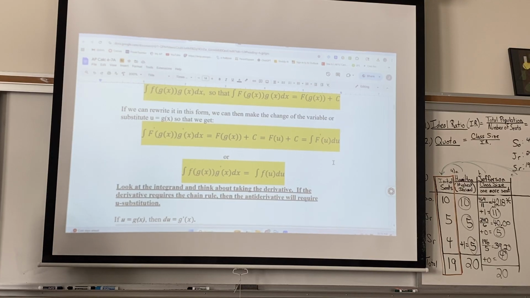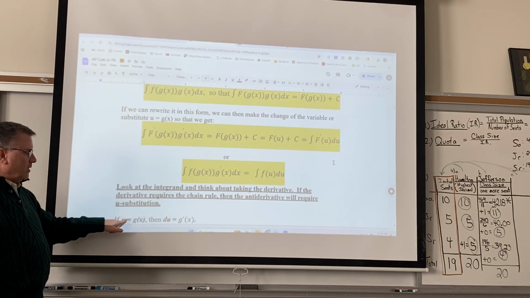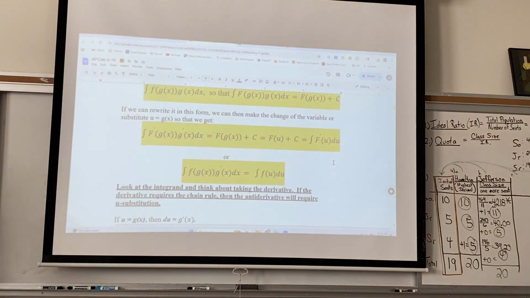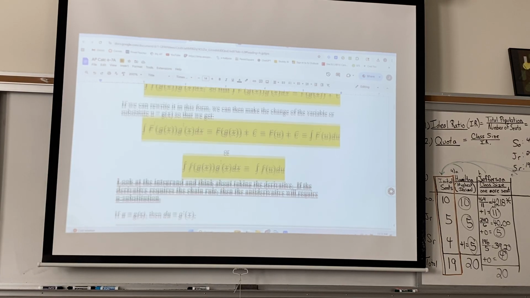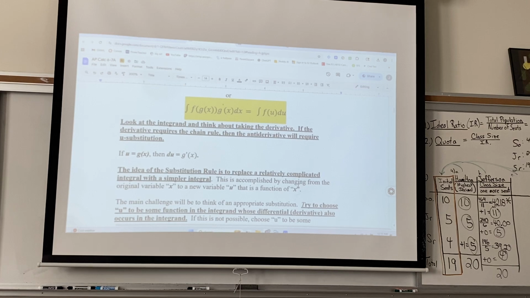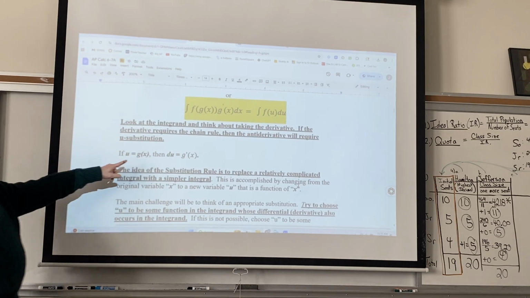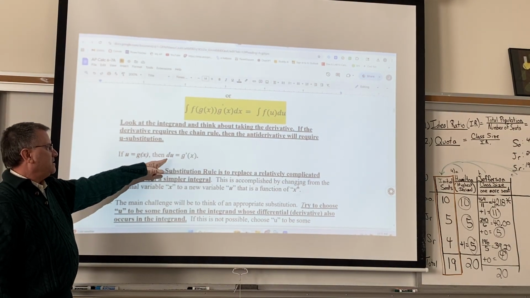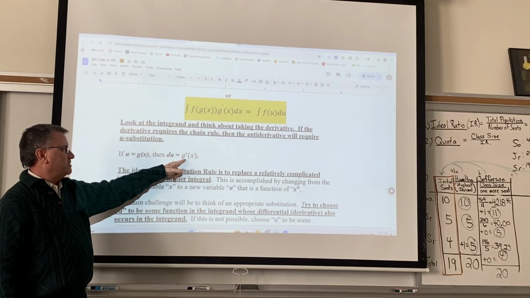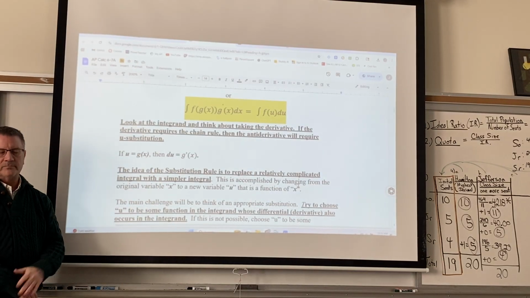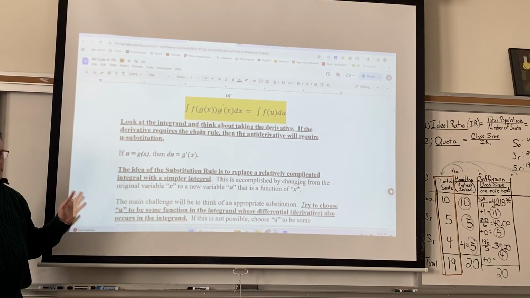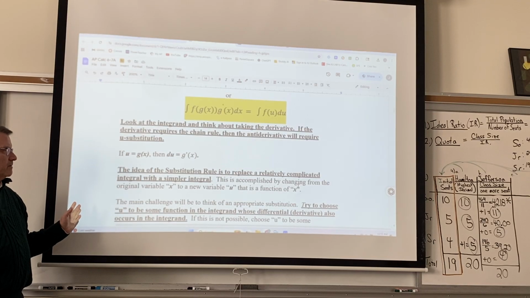Okay, because here's what we're going to do. If u equals, we're going to substitute u for that function f, the more complicated part, we're going to let that be u. Then du will be the derivative of that. Again, talking about it, what's he talking about? We'll get there, okay?